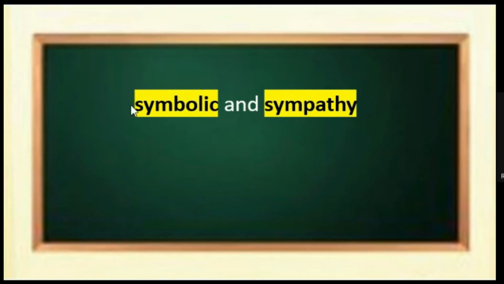On the upper left of the page, you will see the word symbolic, and then on the upper right, you will see the word sympathy. Okay, so they can be found on the upper portion of the page of a dictionary. So these are your guide words.